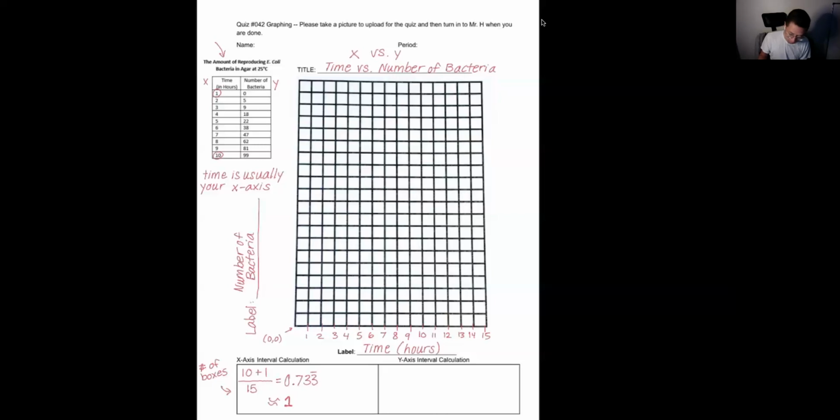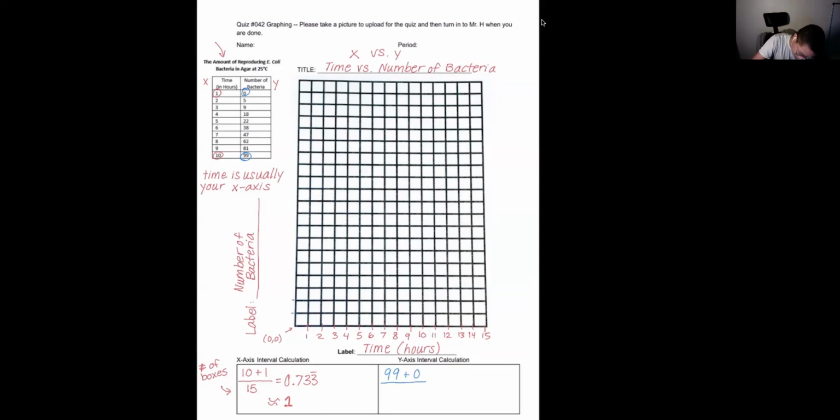Now let's do the same thing for our y-axis. So I'm going to do that in blue. So we're going to take the biggest number, add our smallest number, which is 0, and then divide it by the number of boxes. So let's count.